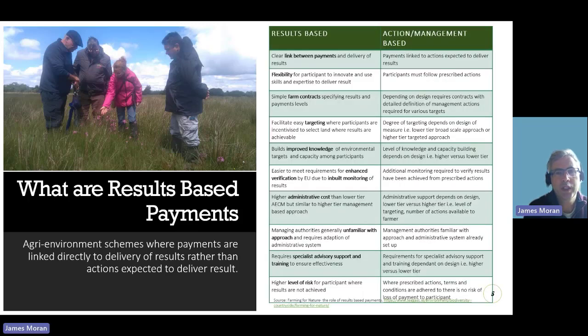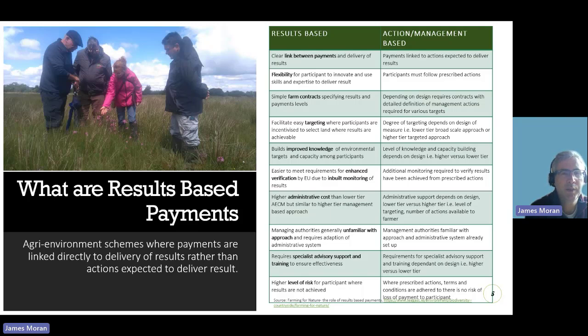The main differences between these two approaches relate to the link between payments and results, the degree of flexibility in management, the degree to which monitoring is inbuilt, the administrative costs, which can be similar but vary hugely in the action-based approach, whether they're higher or lower tier schemes, and the amount of actions that are involved, the advisory input, the level of targeting, and the number of actions available to the farmer.